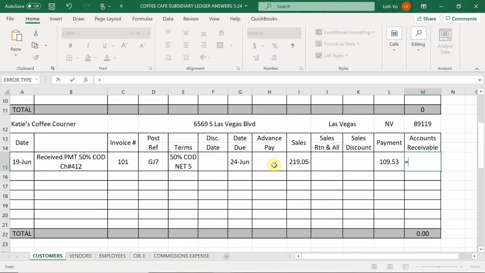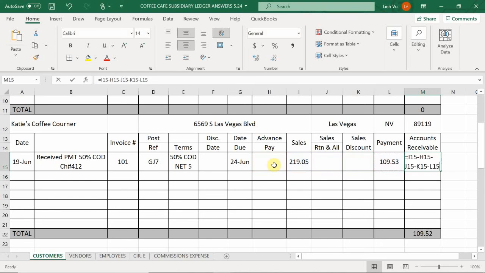In this case, it's going to equal your sales minus any advance payments, minus any returns, minus any discounts, minus any payments. Okay?